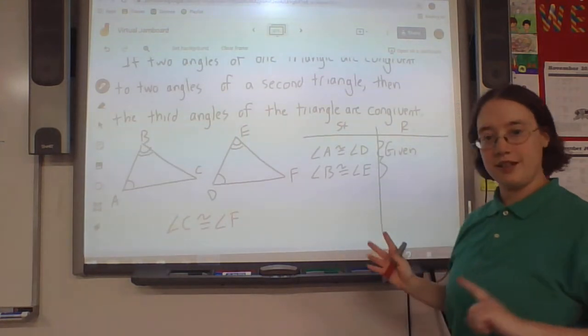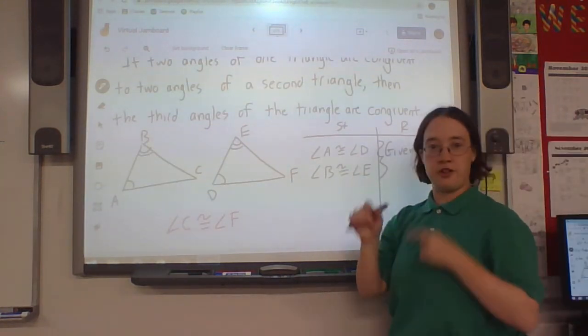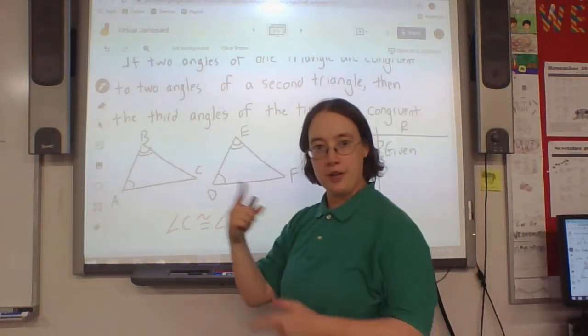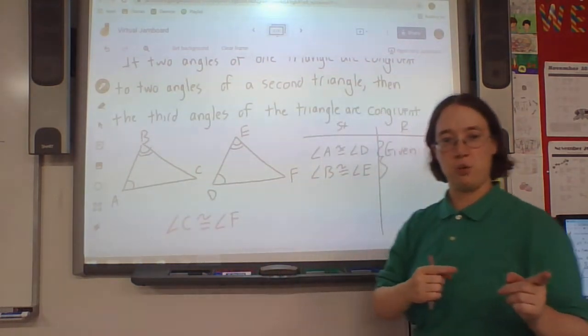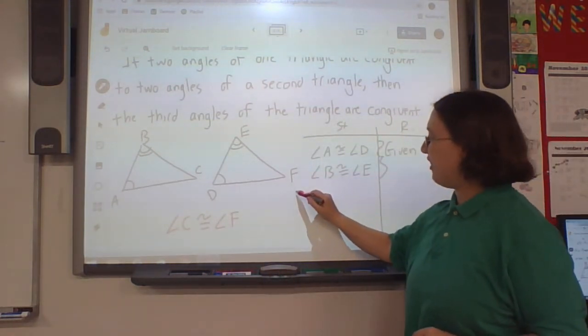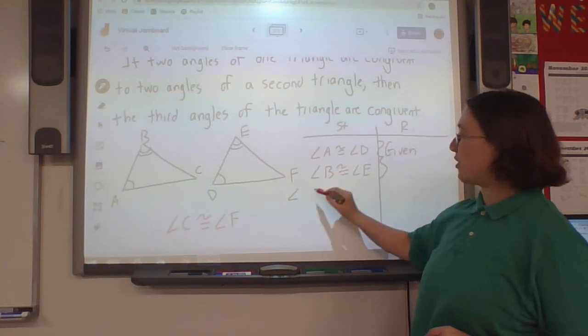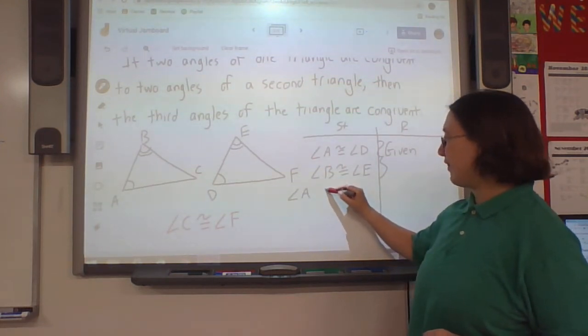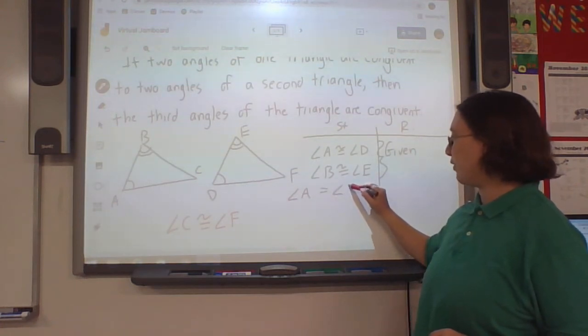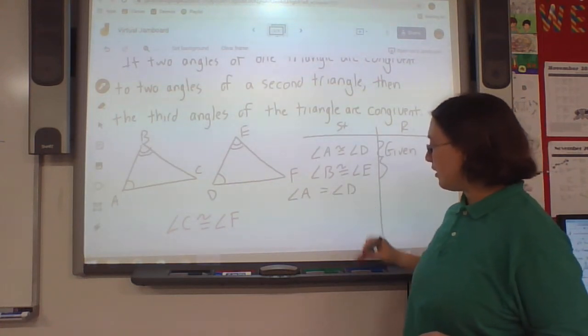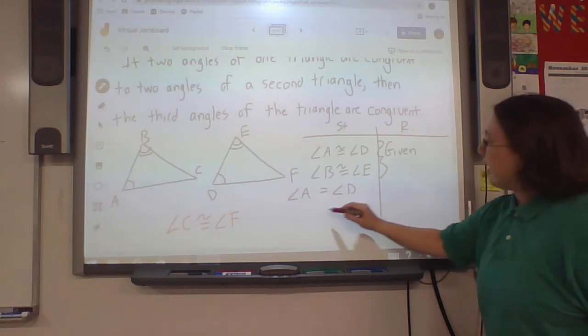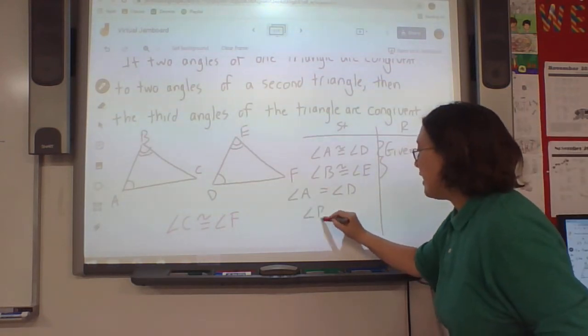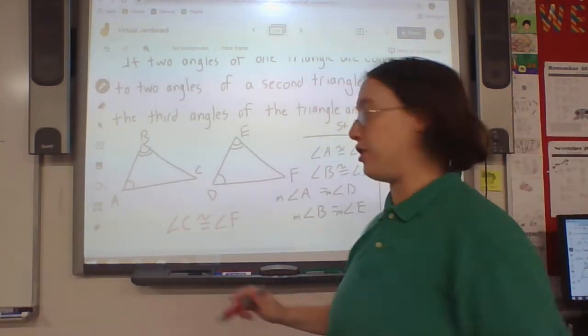Okay, now, if we know that our angles are congruent, we also know that their measures are equal. So we can also say this. So if angle A is congruent to angle D, then the measure of angle A is going to be equal to the measure of angle D. And our angle B is going to be equal to angle E, by this definition of congruence there.